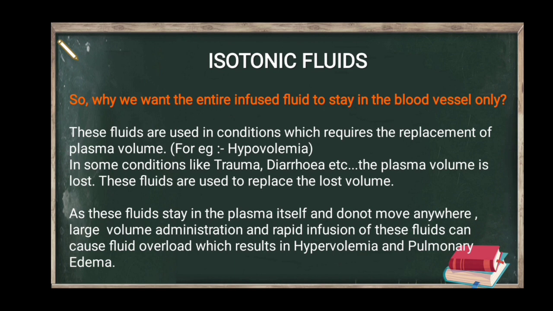Hypovolemia can occur in trauma and diarrhea, etc. These fluids are used to replace the volume that is lost. As these fluids stay in the plasma itself and do not move anywhere, large volume administration and rapid infusion of these fluids can cause fluid overload, which results in hypervolemia and pulmonary edema.